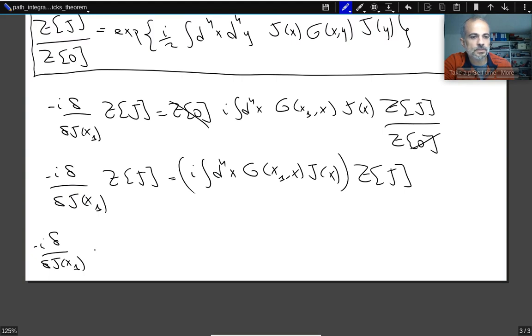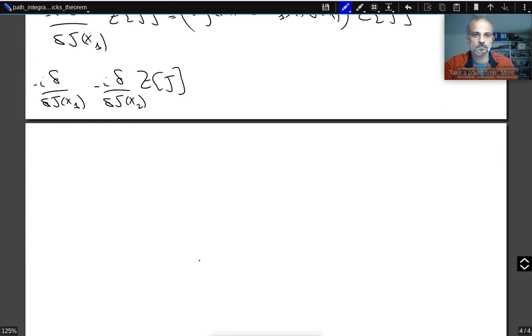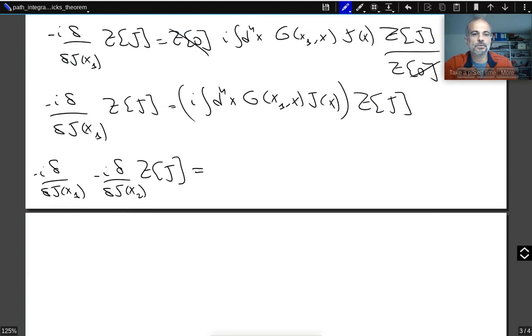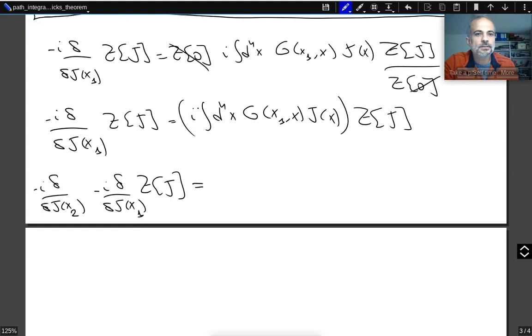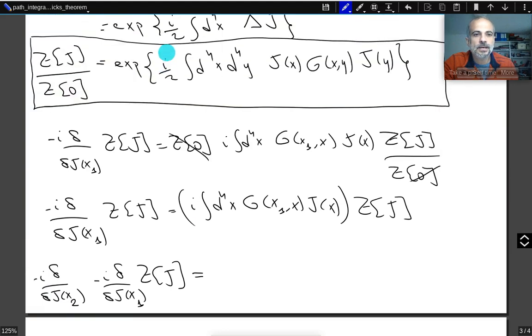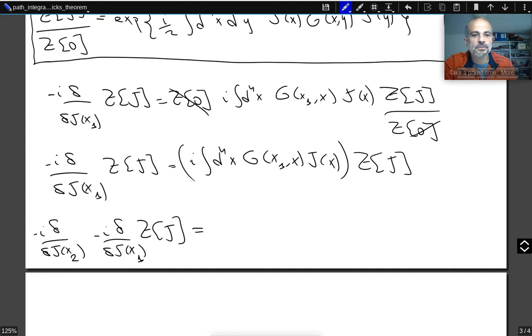Now let's do it once more. J of x1, minus i derivative with respect to J of x2 of Z of J will be equal to, okay, let me change the order, x1 and x2. We already have calculated the first derivative with respect to J of x1. If I take another derivative with respect to J of x2, there is a minus i, so there is no i.